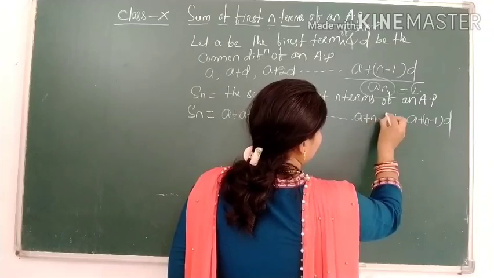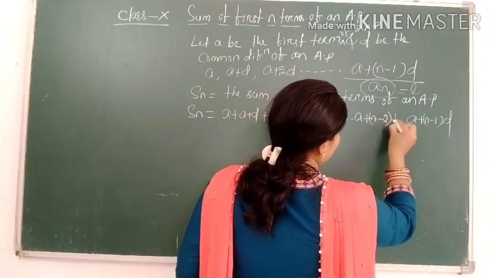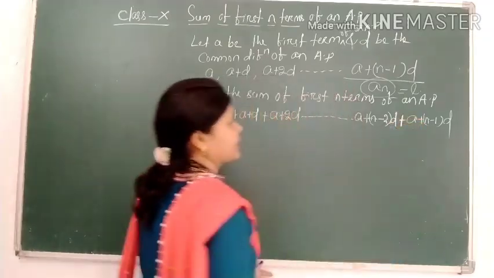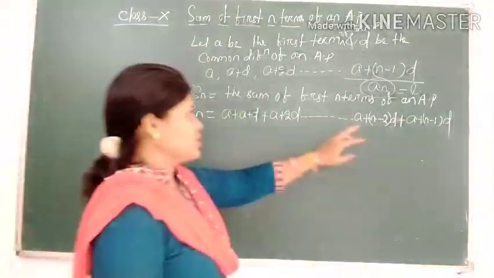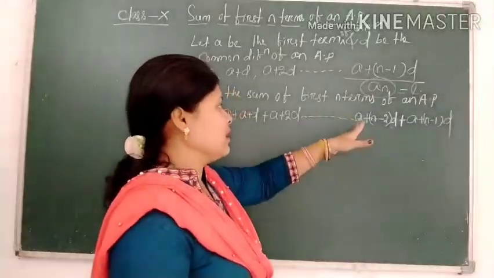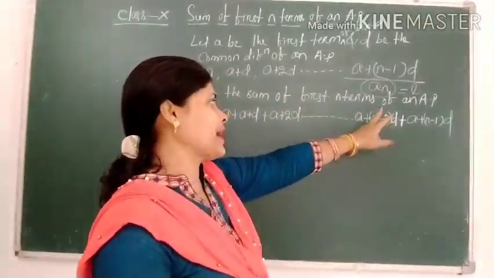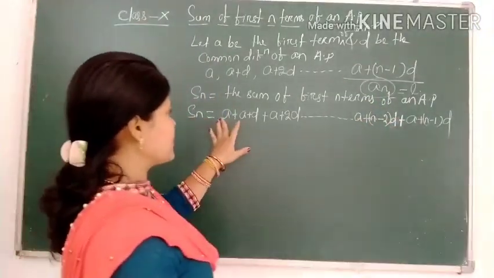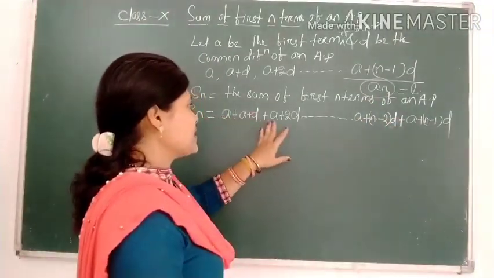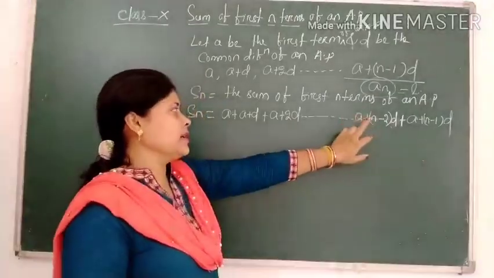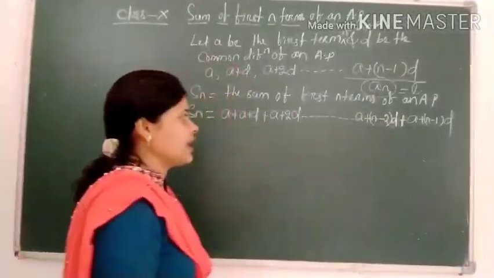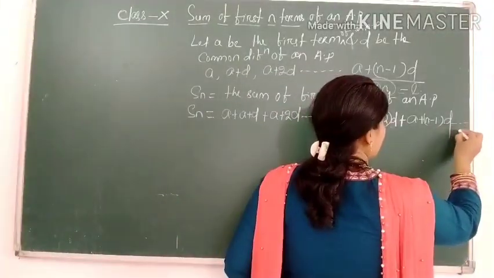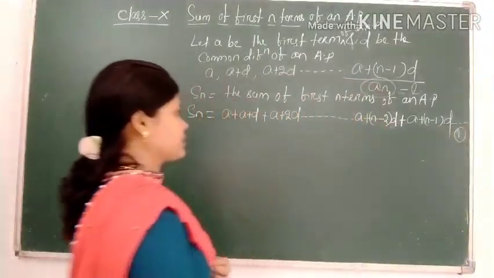It will become A plus n minus 2 into D. Got it, students? So I can write the term before that as A plus n minus 3 into D, like this only you have to write. So Sn is equal to A plus A plus D plus A plus 2D up to A plus n minus 2 into D and A plus n minus 1 into D. Let's take this one as equation 1.